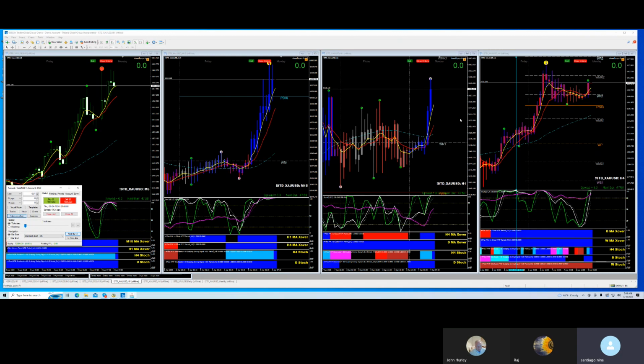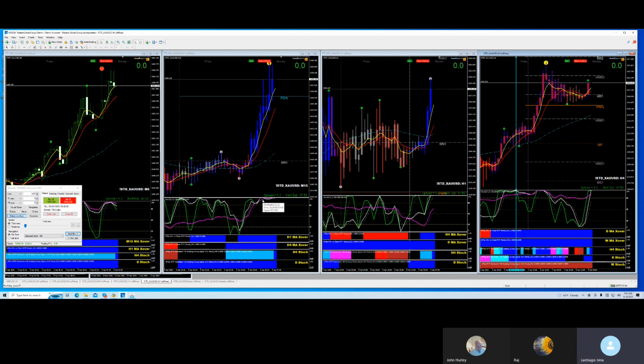All right, so this is a brand new 4-hour bar now coming up. And where are we standing? We're still standing strong. The 1 hour is still strong, but there could be a possibility of peaking out. The 15 is still strong, could be peaking out.